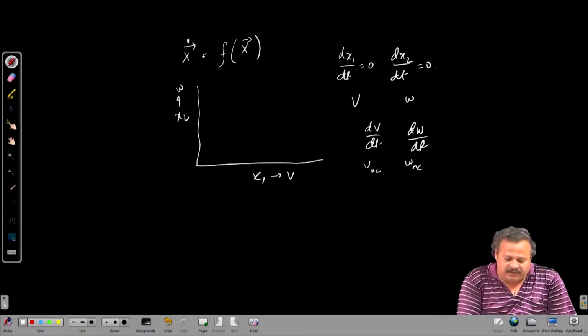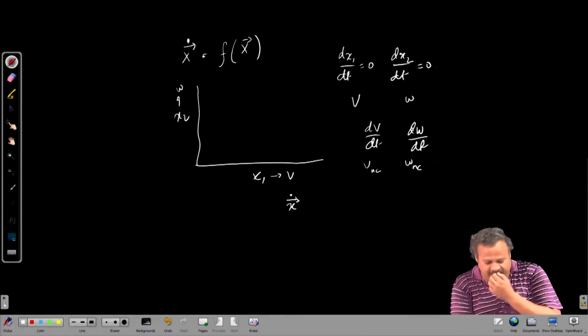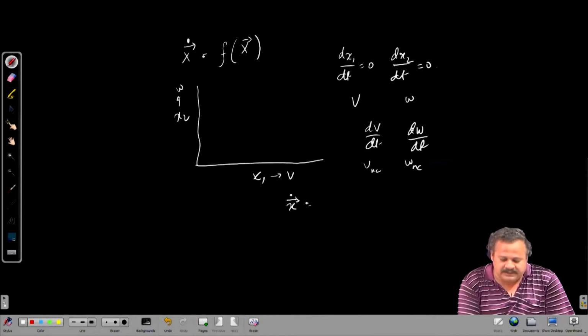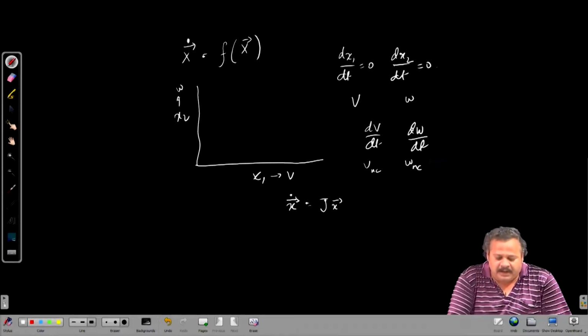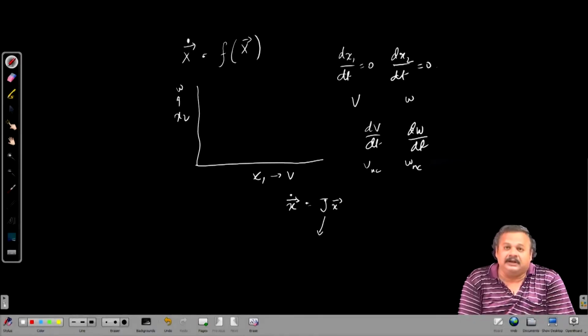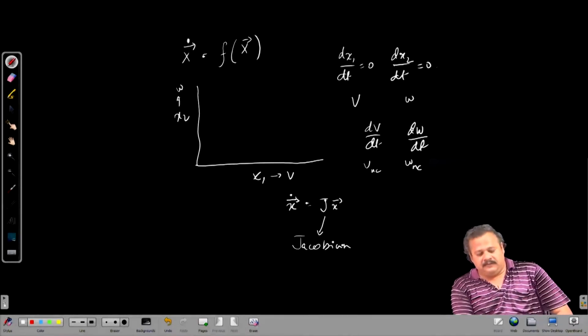Through linearization, we find that x, which is now the deviation from the equilibrium point, is given by Jx, where x is a two-dimensional vector and J is the Jacobian after the linearization. Then the eigenvalues of J determine the properties of the equilibrium point.